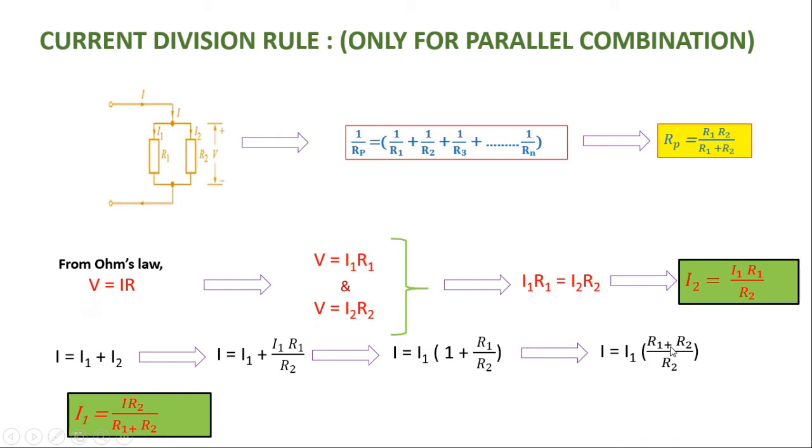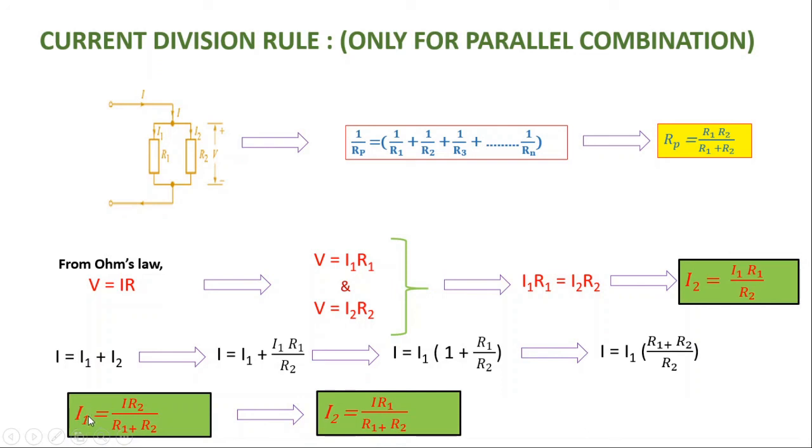So in this expression, I will be transferring this term to the LHS. So you'll be getting the value of I1. So I1 is equal to I into R2 by R1 plus R2. So we have I2 is equal to I into R1 by R1 plus R2. Again, with respect to I2, we can similarly write it as I into R1 by R1 plus R2, because here you can clearly make an observation.